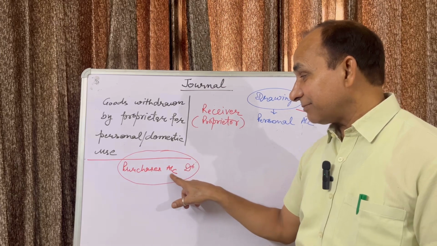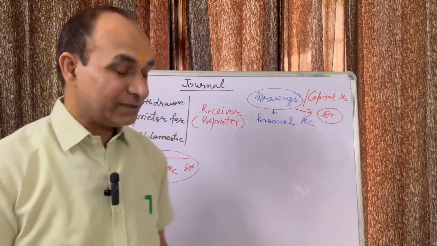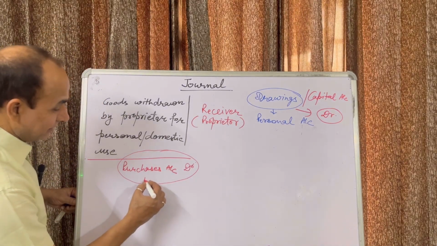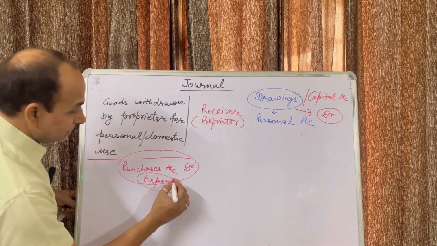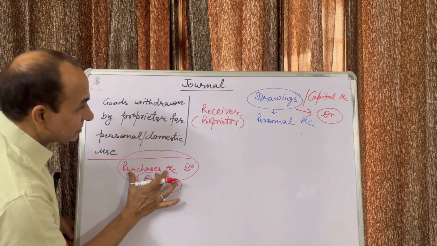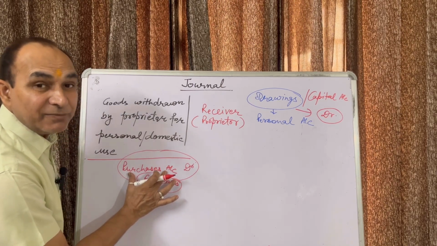Purchase account is debited whenever goods are purchased into the business, because these are expenses, and these are meant for resale. But a part of these goods is used by the businessman for his personal use, domestic use.